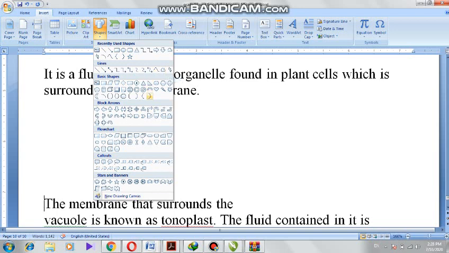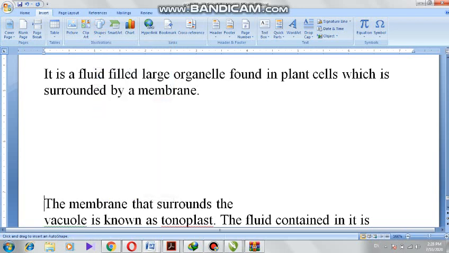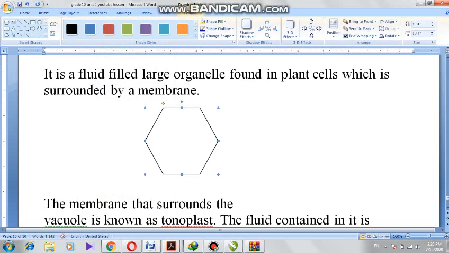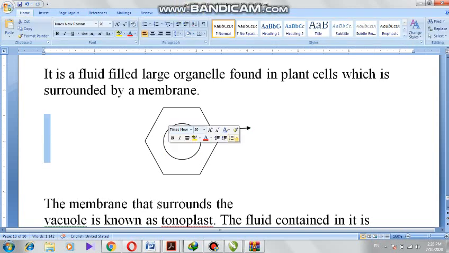If we take the plant cell, now for an example, let's take this is a plant cell. In the plant cell, this organelle will take the center part. The component, this is a membrane. So this membrane, do the arrow on the other side.